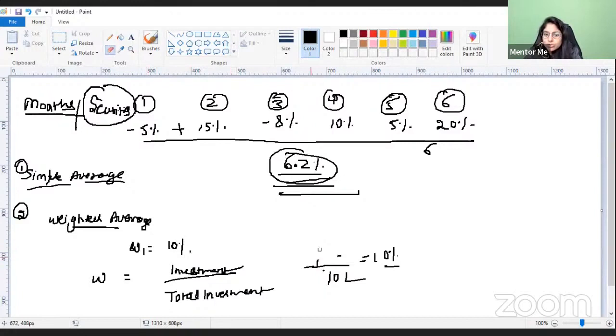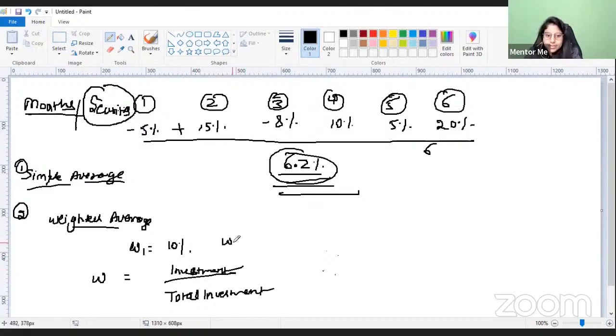Now we also want to know the weight of other securities. So in a similar manner, हमने अपने weights identify करने हैं based upon the investment we are doing into a particular security upon the total investment that we have. Getting the point?